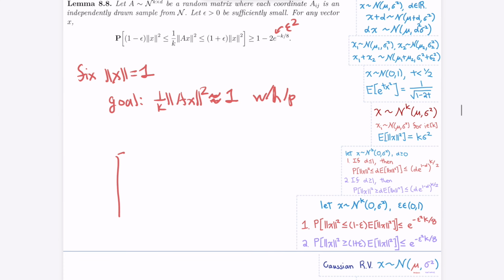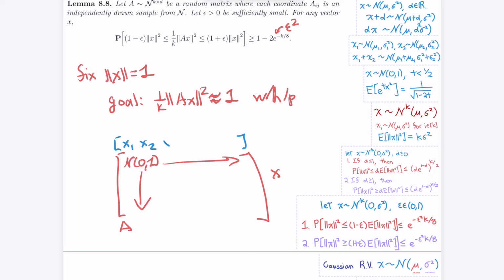So A, remember, is going to be a big matrix. Every entry is a Gaussian random variable. You're going to apply it to x, and you can think of x as a vector, x1, x2. x1 is going to get applied to everything in the first column. x2 is going to get applied to everything in the second column.